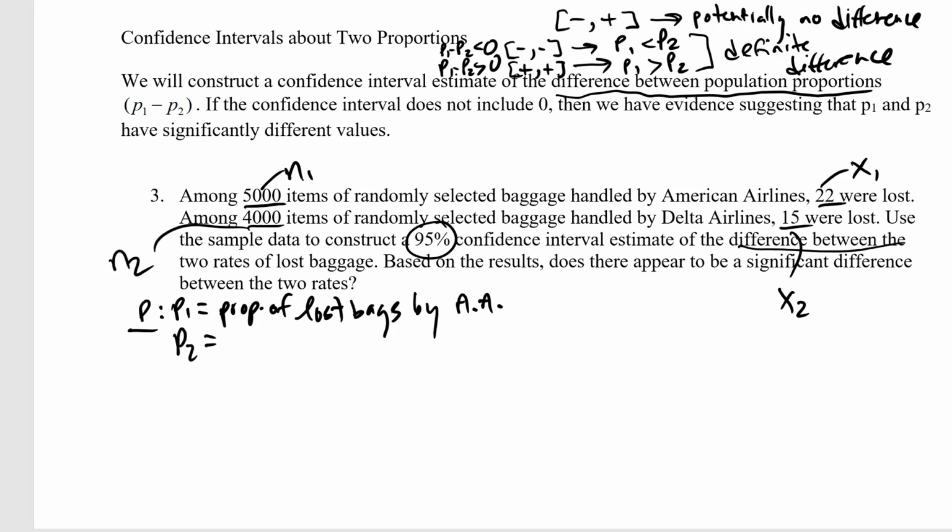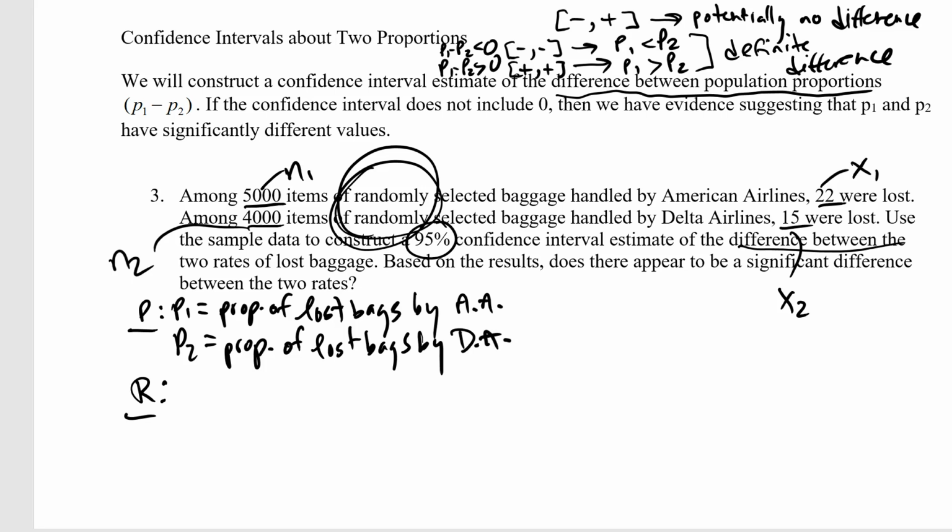The second group was the proportion of lost bags by, how about Delta Airlines? Okay? What are our requirements? We've seen this before, but this time they stated random. So I will put random is stated.